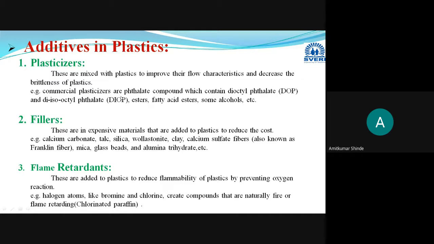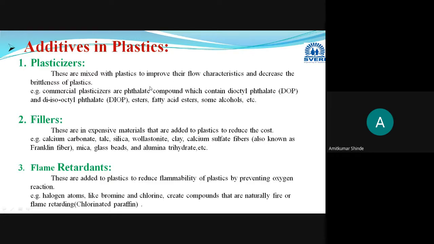Try to remember the short names, or if possible, you can write the full names also. DOP refers to dioctyl phthalate, and DIOP means diisooctyl phthalate. Or if it is not possible to remember both names, you can directly write that phthalate compounds can be used as plasticizers.